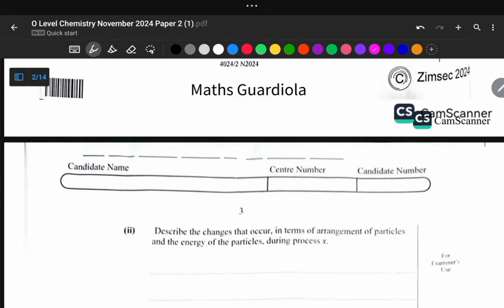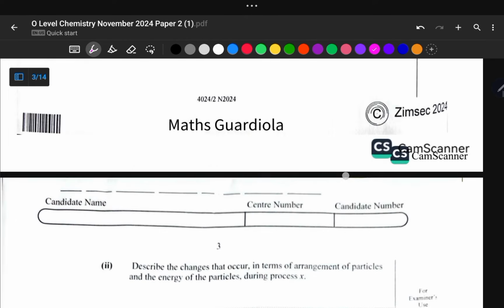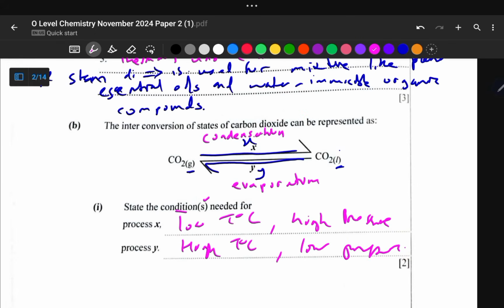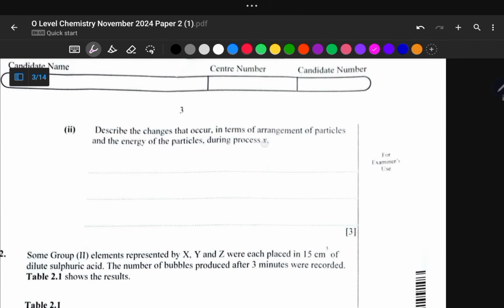And then we move on to the next part of the question, which says describe the changes that occur in terms of arrangement of particles and the energy of the particles during the process X. So the process X is what we call the condensation. So the particles lose kinetic energy, right? And then the movement will decrease.